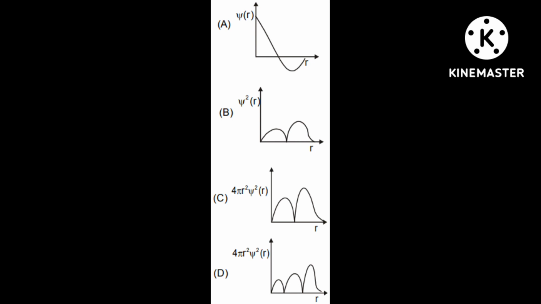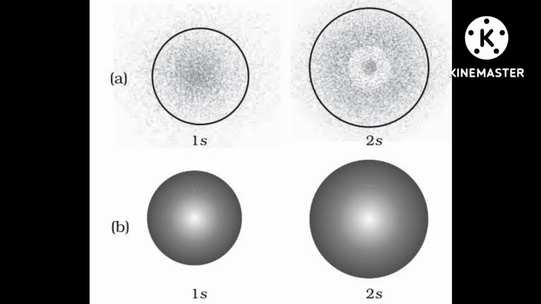Again keep in mind, L equal to 3 means F. The values 0, 1, 2, 3 correspond to S, P, D, F. The fourth one is F.